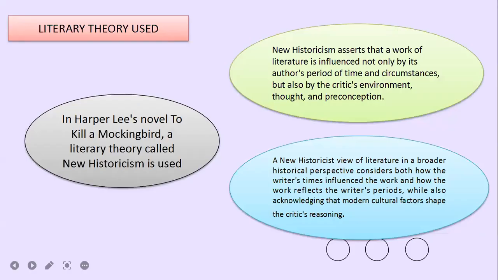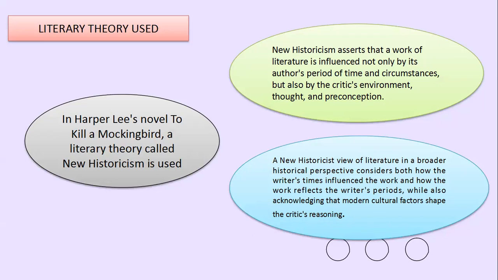Next. Okay, let's now come to the literary theory or philosophy used by the author in her novel. In Harper Lee's novel To Kill a Mockingbird, a literary theory called New Historicism is used. What do you mean by New Historicism? New Historicism asserts that a work of literature is influenced not only by its author's period of time and circumstances, but also by the critic's environment, thought, and preconception.